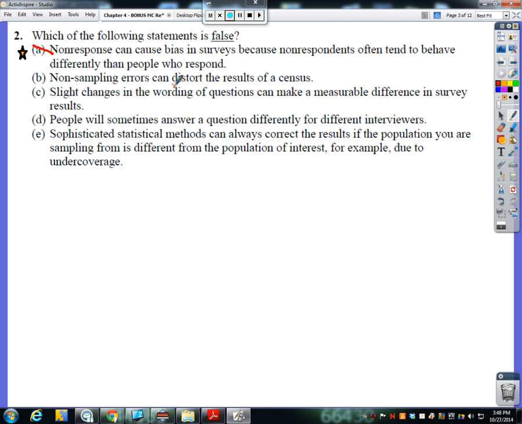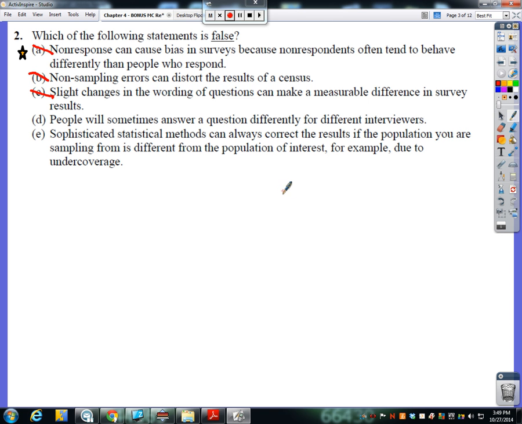So yeah, that can really distort the results of a census if we put wrong numbers into a computer. C, slight changes in the wording of questions can make a measurable difference in survey results. I would say that would probably be a true statement. You know, if you leave out baiting words or colorful adjectives, that probably could make a measurable difference. So I think that's probably a true statement.